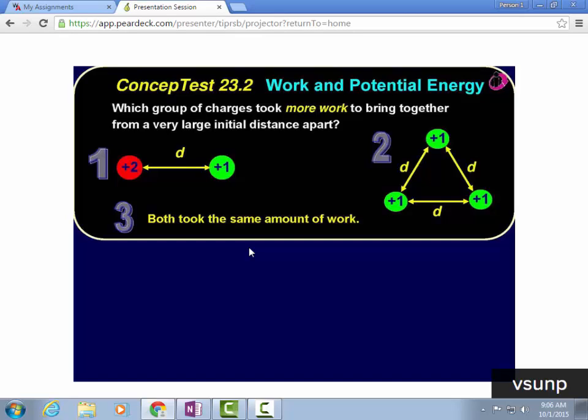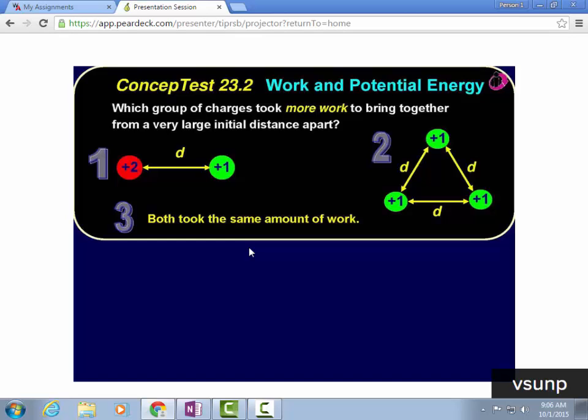So we have 2 times 1 over d. Scenario 1 is 2 times 1 over d. But scenario 2, what do you have? Let's first remove both of these. Takes nothing to bring this guy here. So then we bring this guy in. How much does it take? 1 over d. Okay?